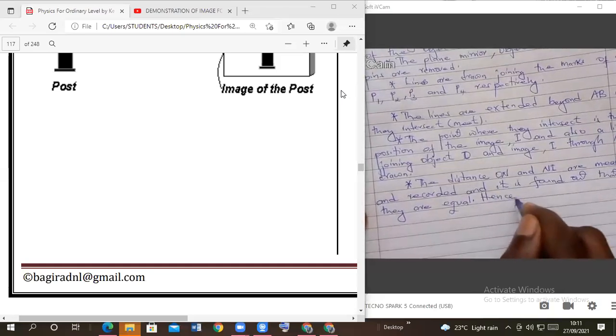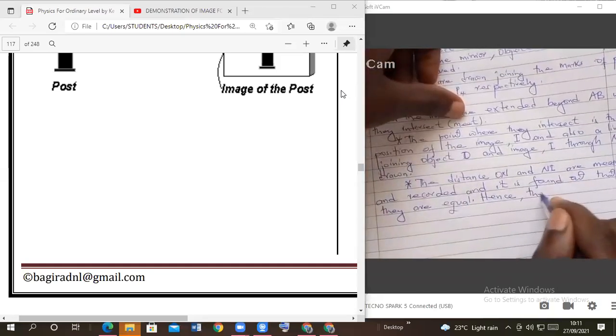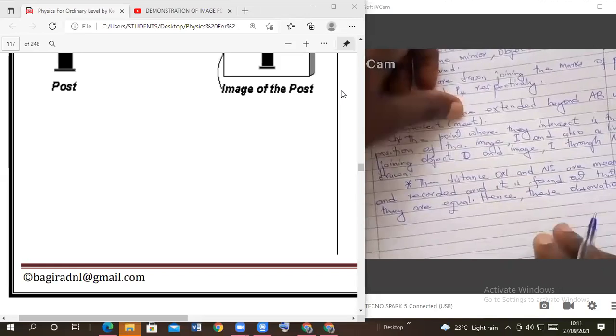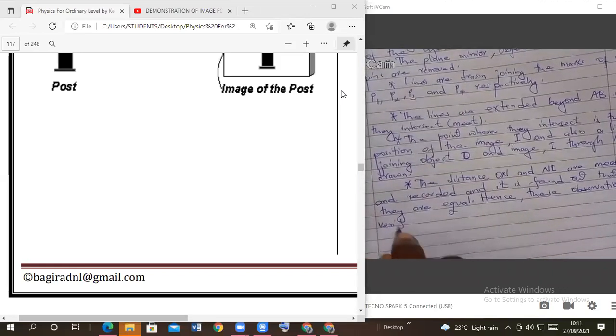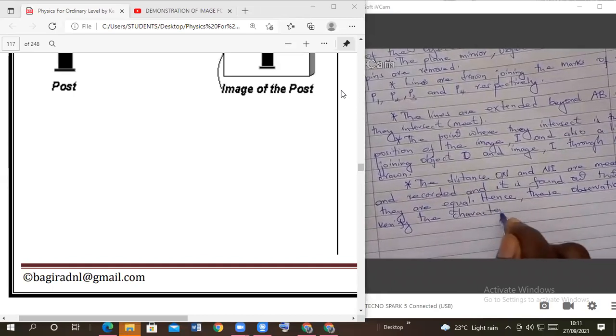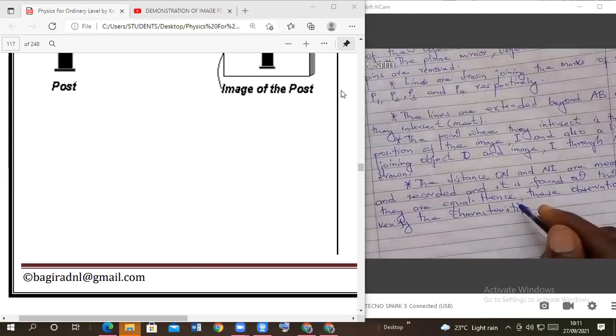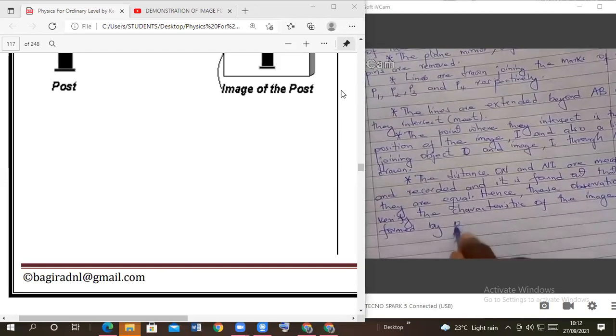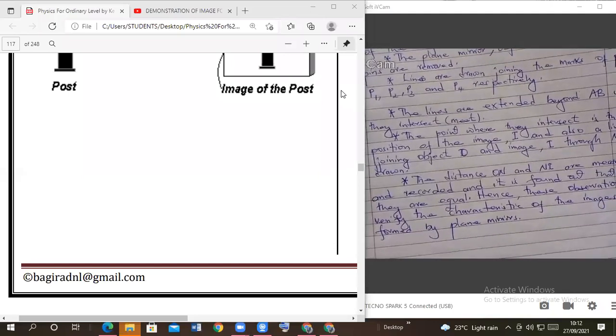Hence, these observations verify the characteristic of the images formed by plane mirrors.